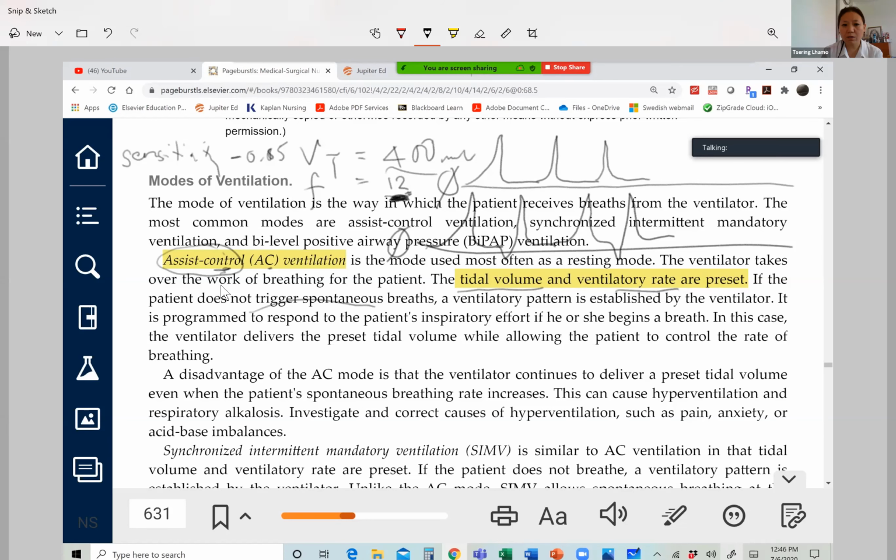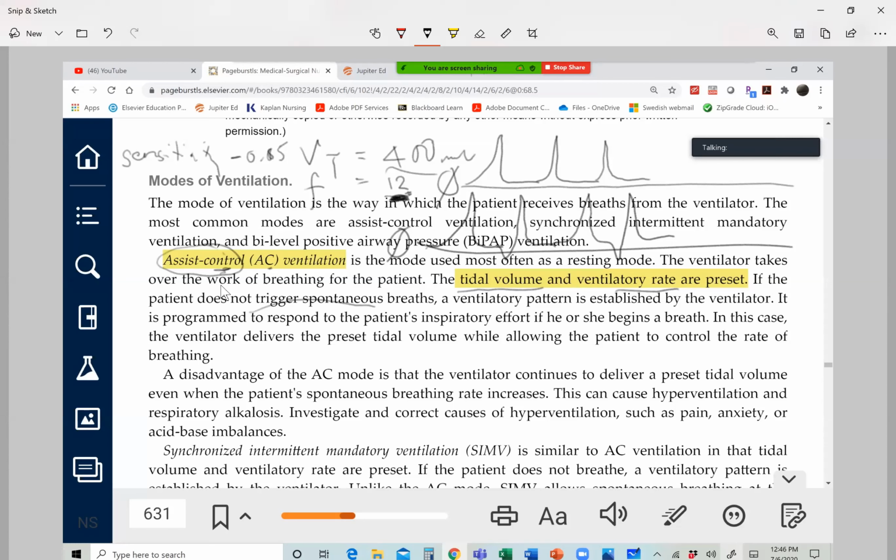So here they can control the frequency, right, but not the volume. They can add to the respiratory rate. So to a certain extent, yes, the patient can control the rate because they can increase the respiratory rate by adding to it. However, they cannot change the tidal volume.